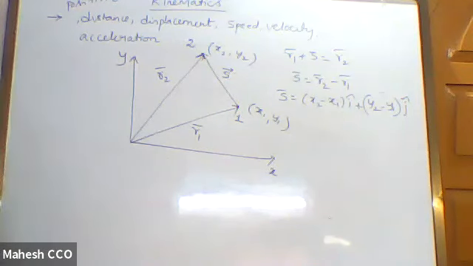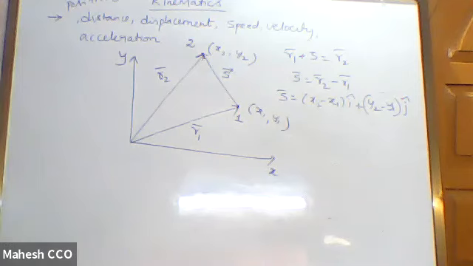Okay. So far what we have learned is that displacement is nothing but a change in the position. Now it does not matter how the motion has taken place. Suppose if you know the initial and final position between two instants, then simply you can find the difference in the position vectors that will give you the displacement vector.